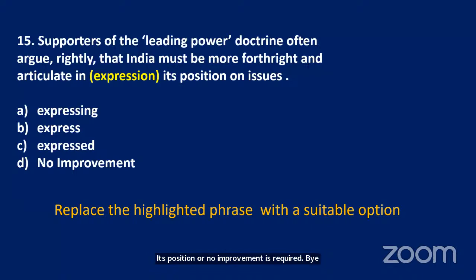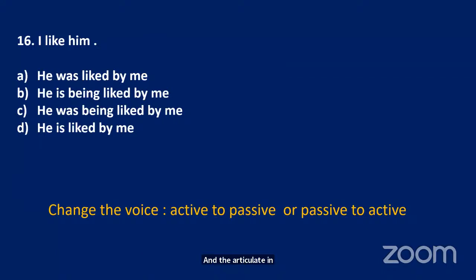So this is simple. Let's see how many are giving me the right answer. Okay, yes, almost all are giving me the answer. Gayatri, you're right, and many more are making mistakes still. It is expressing: articulate in expressing its position on issues. All right.